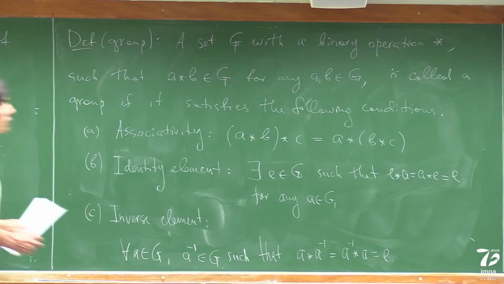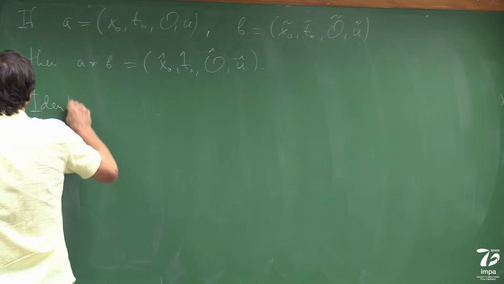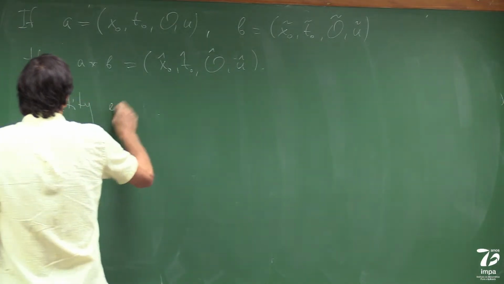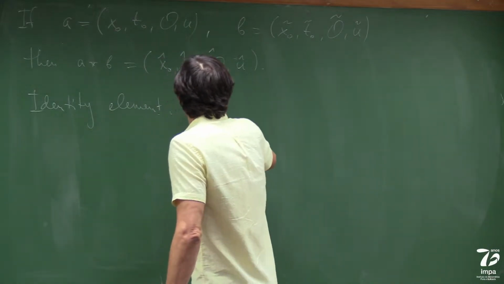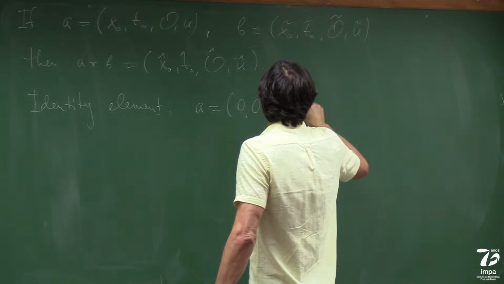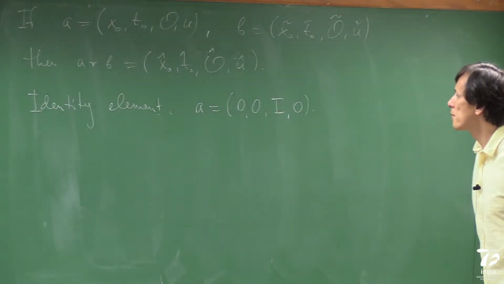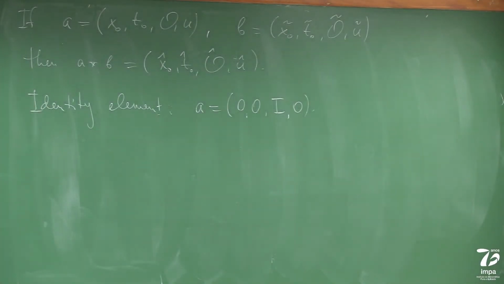So just writing the identity element is that A is 0, 0, identity matrix, 0. The inverse element is a bit less trivial.